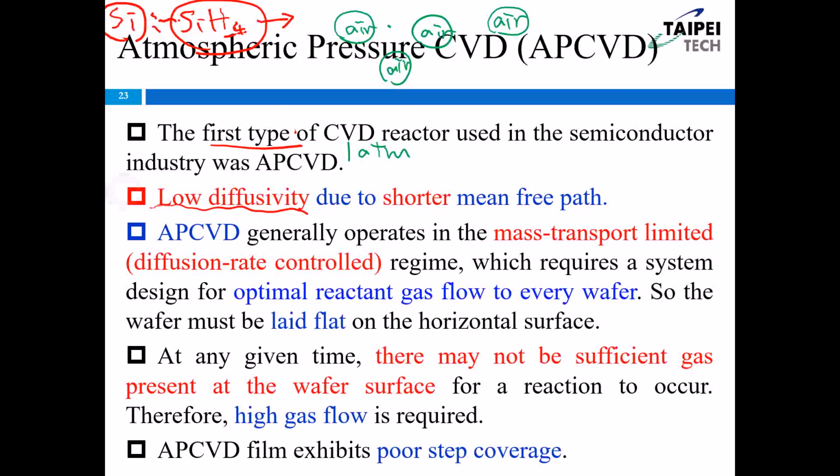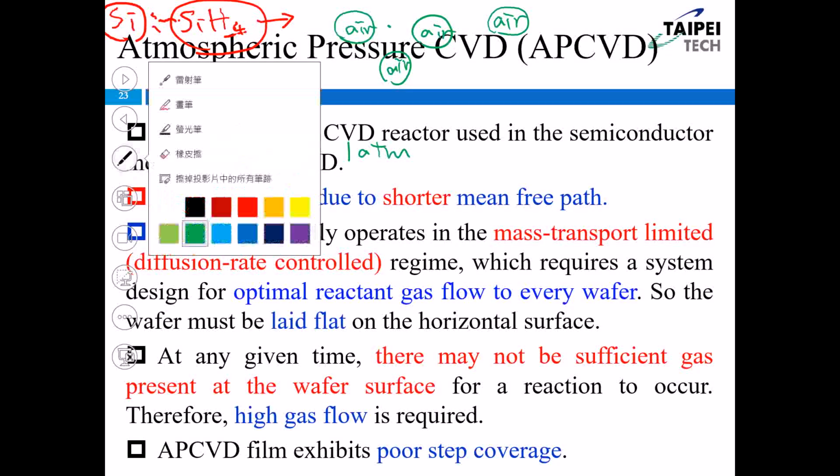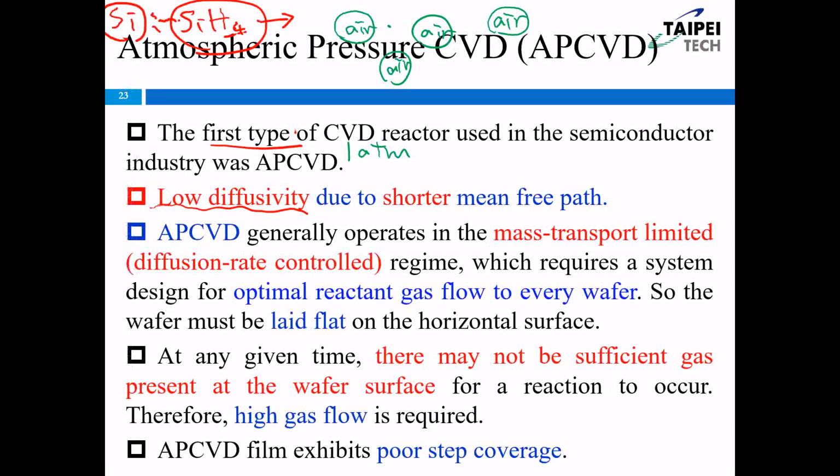So when we put the silane into the chamber, what happens? The silane will bombard the air. Maybe I can write down the distance: the distance of the first collision will be S1.